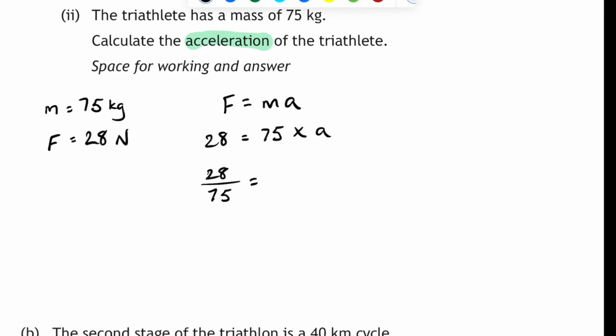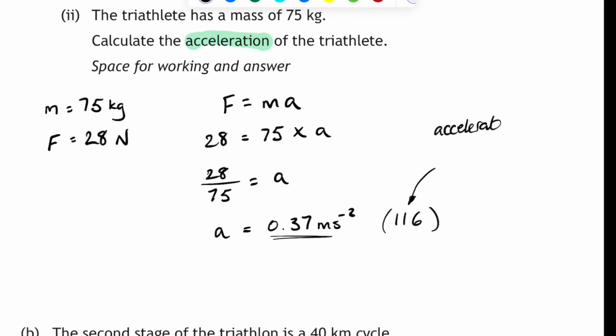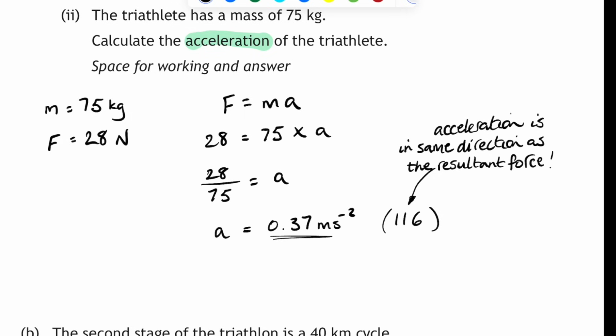So 28 divided by 75 will give us the acceleration, and that gives us 0.37 metres per second squared. And because this is a vectors question, we should always take care to include the direction of that acceleration as well. And that acceleration is going to be in the same direction as the resultant force was, so a bearing of 116.